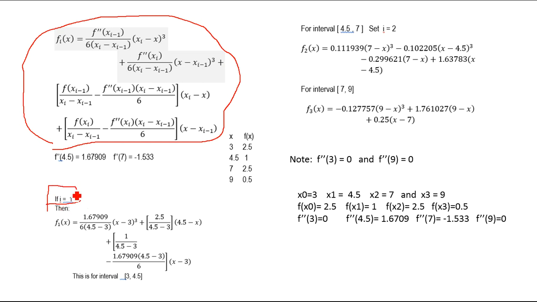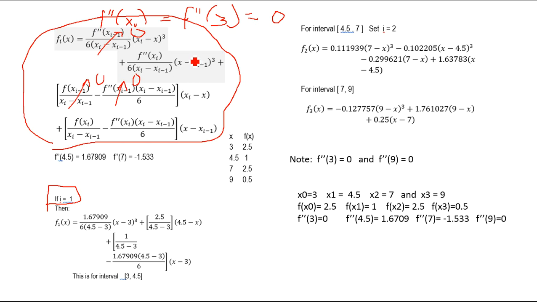If i is 1, this will be f double prime of x sub 0, which is the same as f double prime of 3, and you know that this is 0. Ibig sabihin, lahat ng may x i minus 1, 0 yan. Tapos ito, 0 din to.